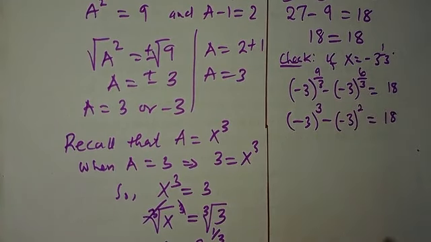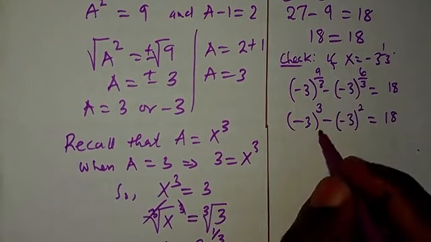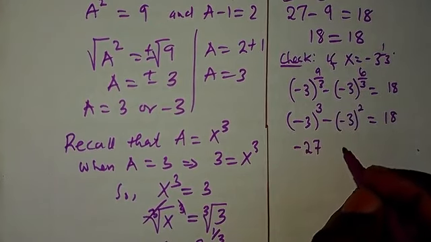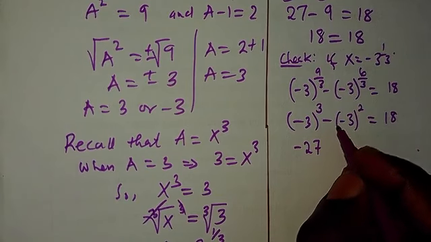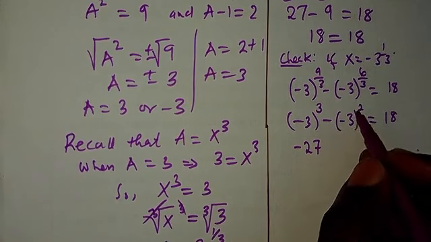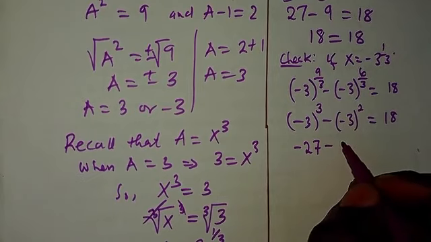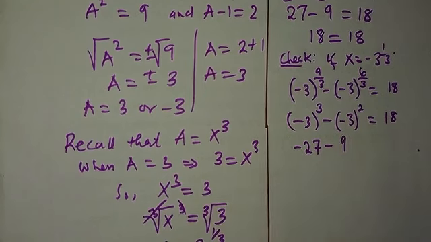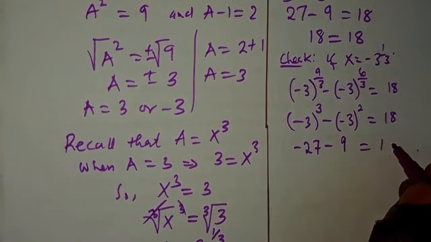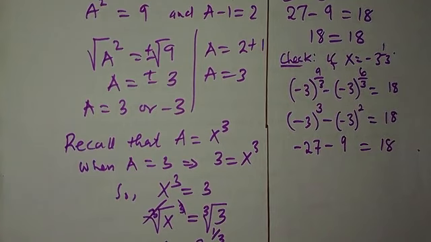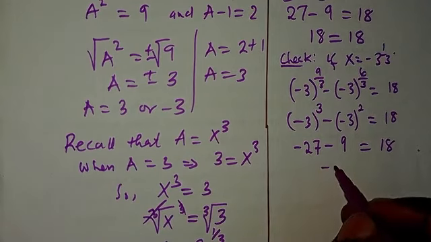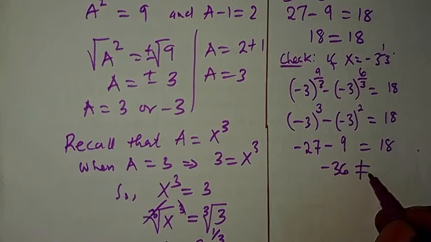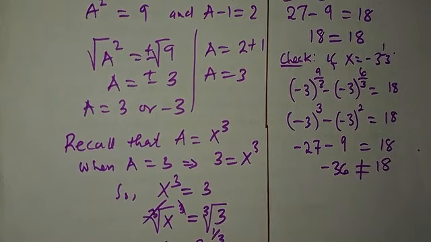We want to see whether it's going to give us 18. So minus 3 to the power 3 gives us minus 27. Then here, minus 3 raised to the power 2 gives us 9. Do you understand now? So from there you can see that minus 27 minus 9 gives us minus 36. We have shown that minus 36 is not equal to 18.